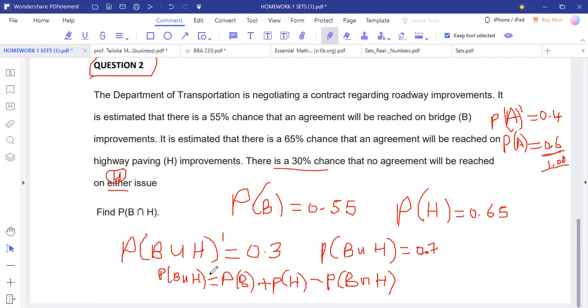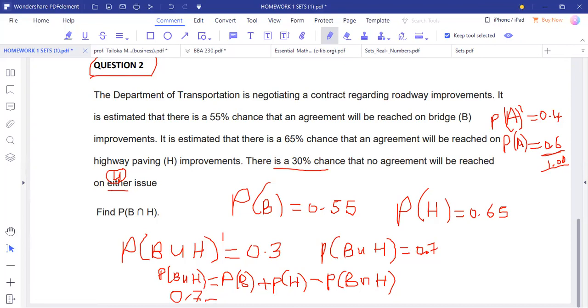So you can now substitute: 0.7 is equal to the probability of B. We know the probability of B is?